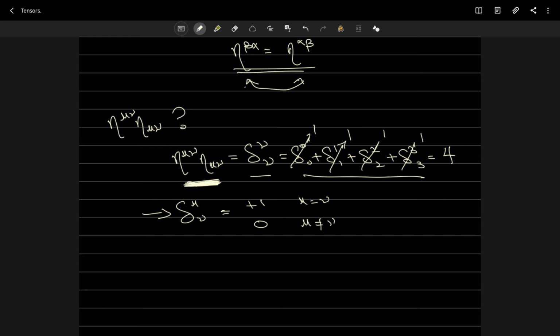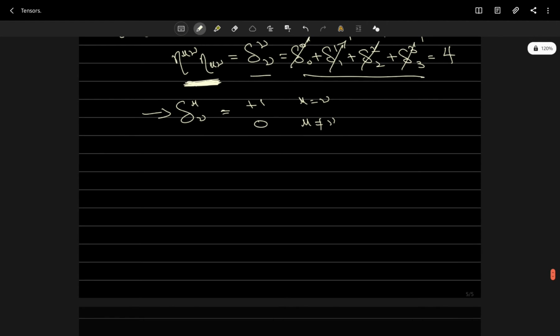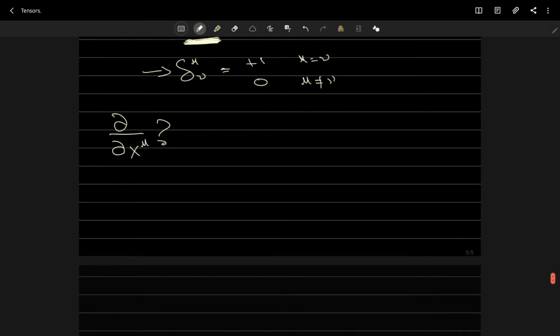Now we know the coordinates x mu transform like vector components v mu. So what about the derivative, partial over partial x mu? Say you have partial over partial x mu acting on x nu. What would that be equal to?